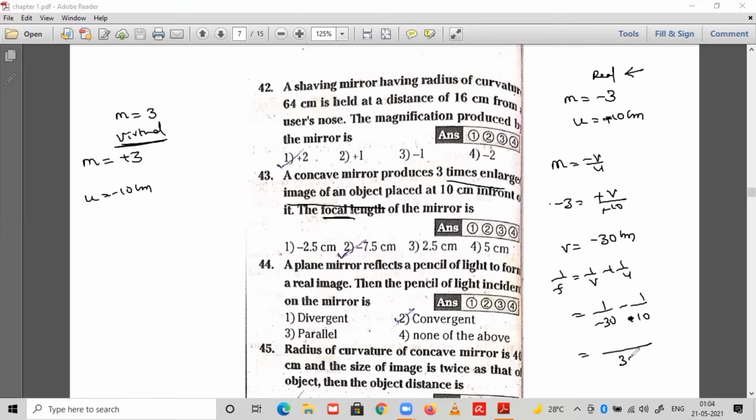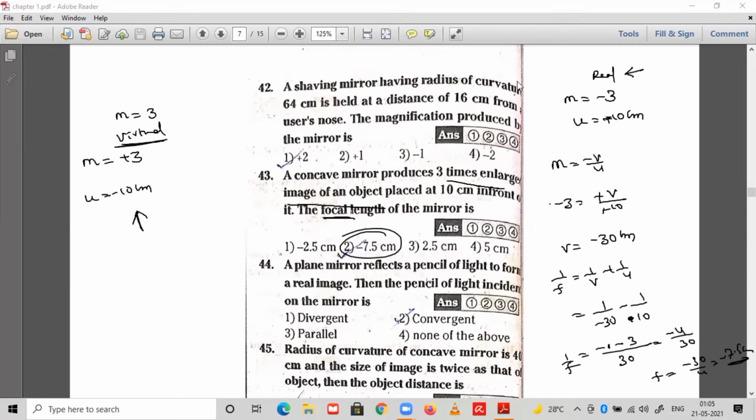Now the LCM is 30, so 1 minus 3. Now we will get minus 4 by 30, which is equal to 1 by f. F is equal to minus 30 by 4, which is minus 7.5 centimeters. So the option is 2. Already I got the option, that's why I'm not checking with the virtual image.